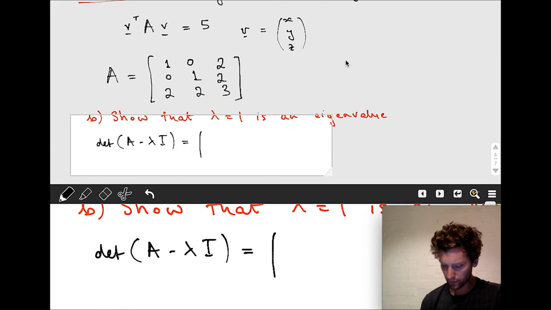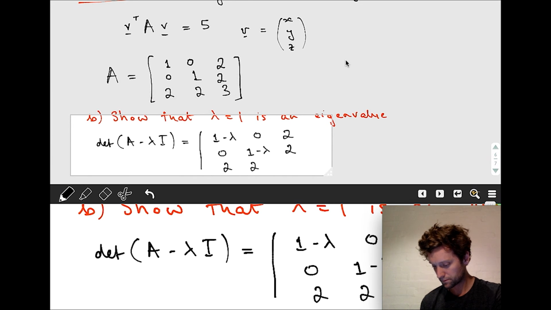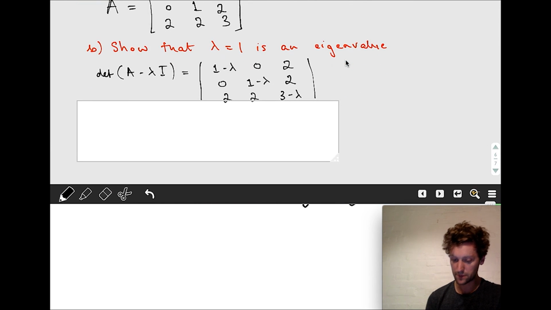So let's try that. We've got lambda subtracted from the diagonal. This is my determinant to calculate. We've already seen how to do this.